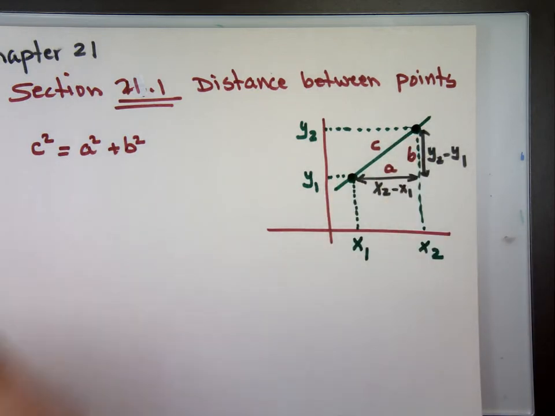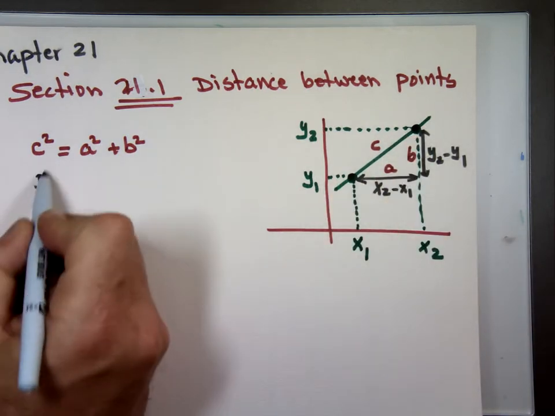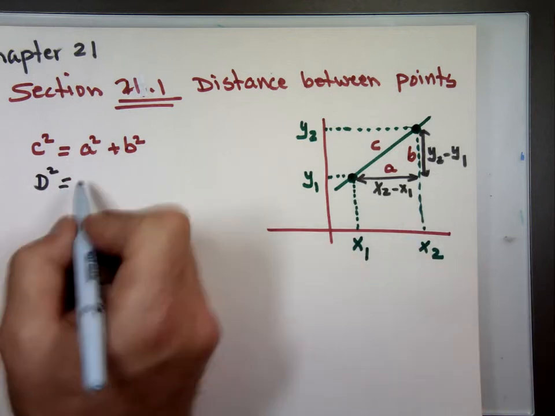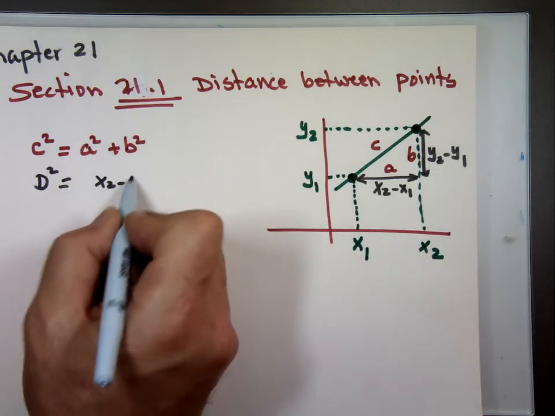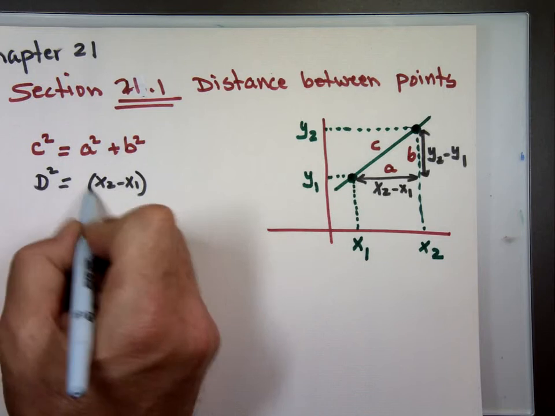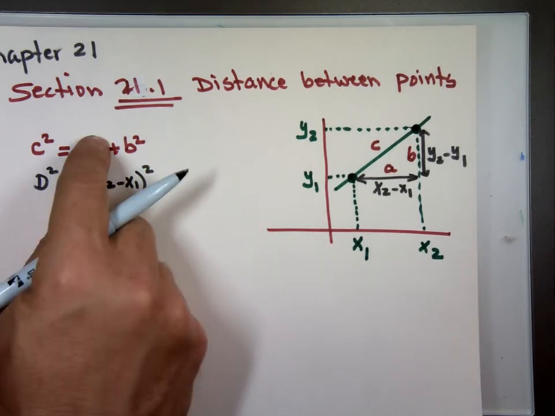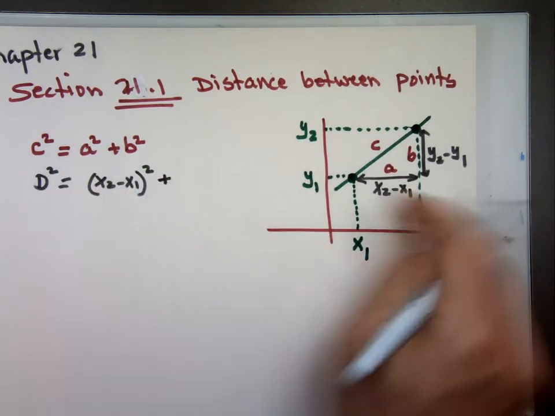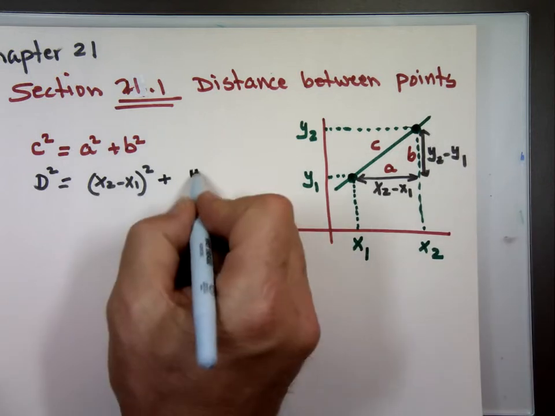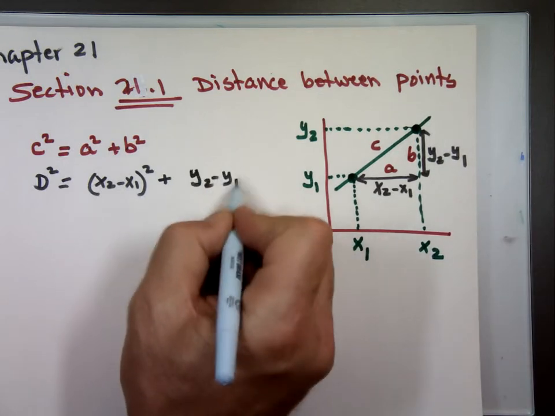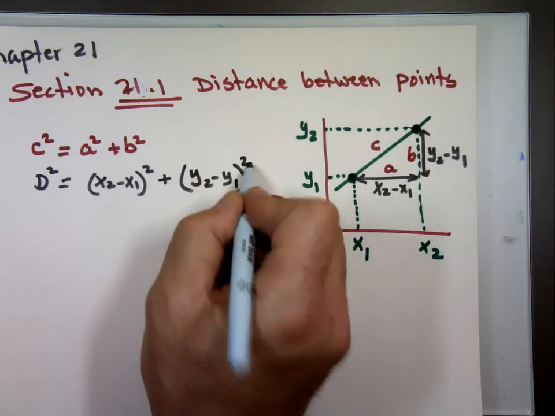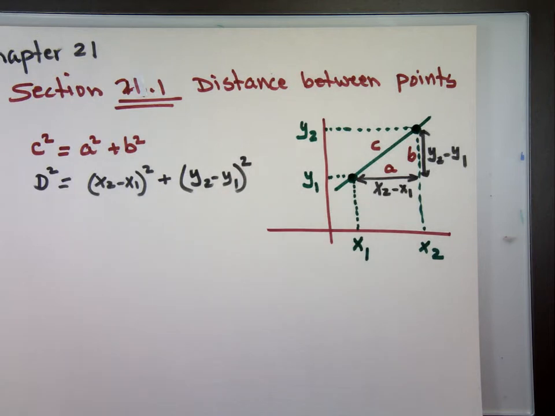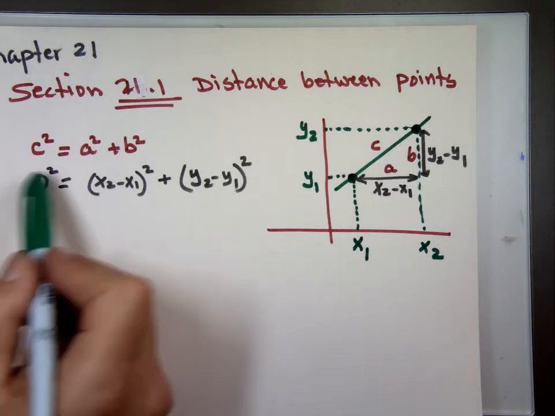So that's the distance. So the distance squared equals A. A is what? x2 minus x1, and you've got to square it. And B is y2 minus y1, and you're going to square it. And if you just want to solve for the distance, not the distance squared, how do you get rid of that 2 here?